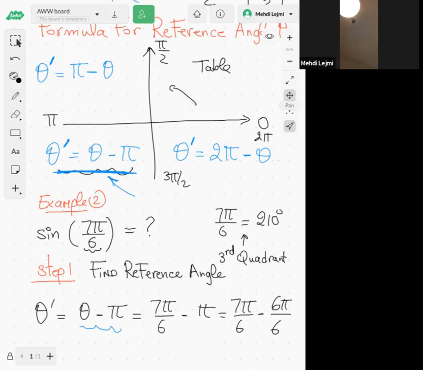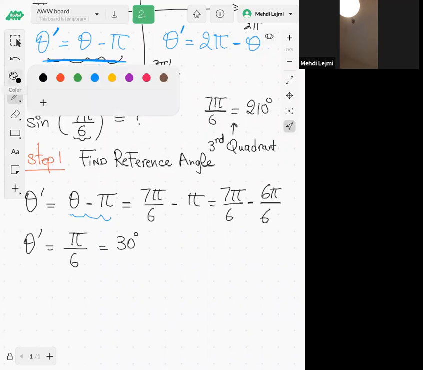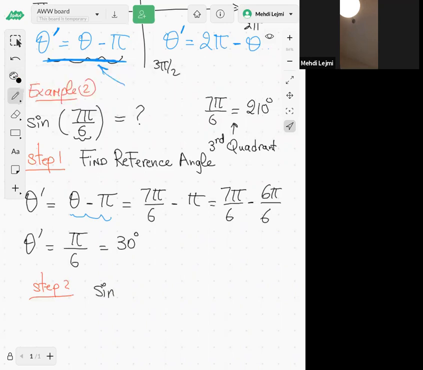That is equal to 1 pi over 6. So my reference angle, theta prime, is just pi over 6, or if you prefer, 30 degrees. Now I got my reference angle, so I can compute step 2, my sine. Sine of 7 pi over 6 is equal to sine of the reference angle.